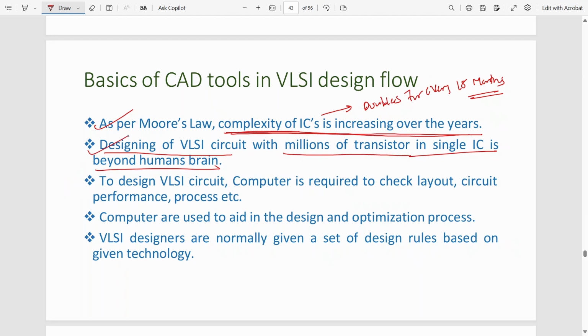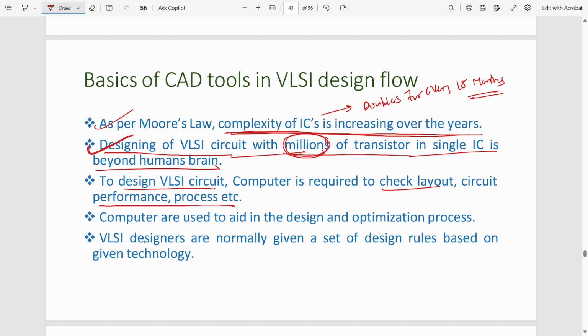With 10 to 100 transistors we can plan or verify the circuit, but with millions of transistors it is difficult to verify the circuit or IC. That is beyond the human brain, so to design these circuits we require computers to check the layout, circuit performance, and process.